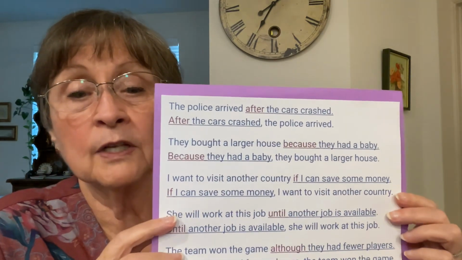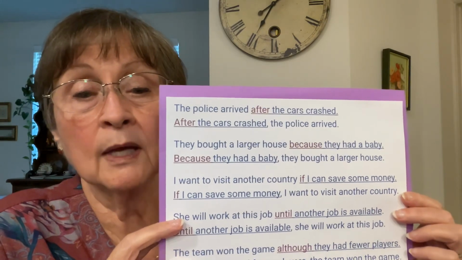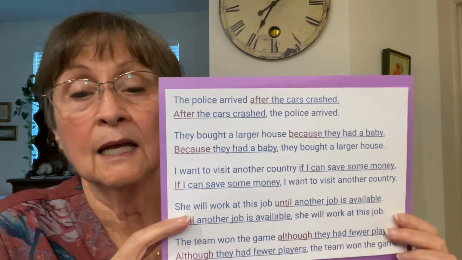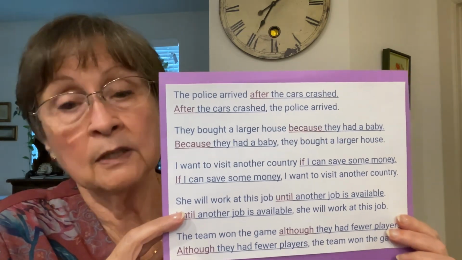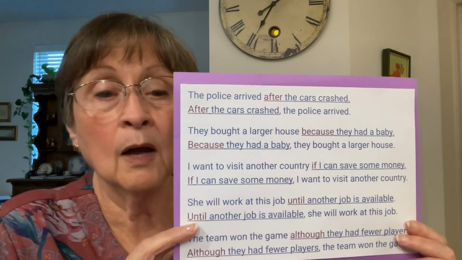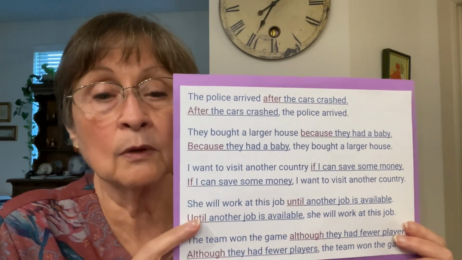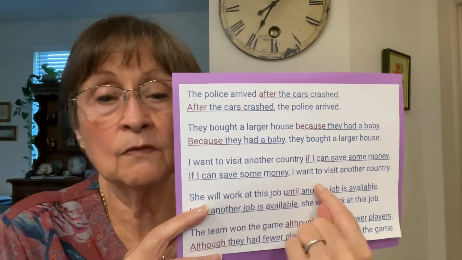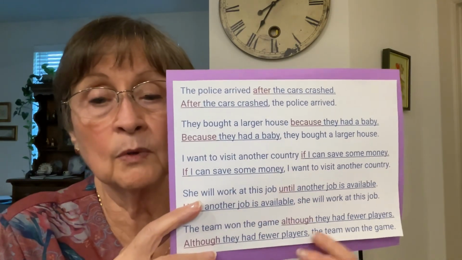I want to visit another country if I can save some money. And move that to the front. If I can save some money, comma, I want to visit another country. When you move this out of the middle, there's nothing to divide the sentences, so we put a comma.